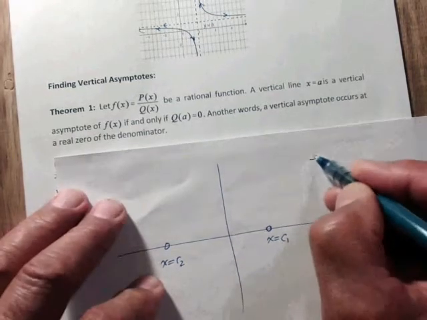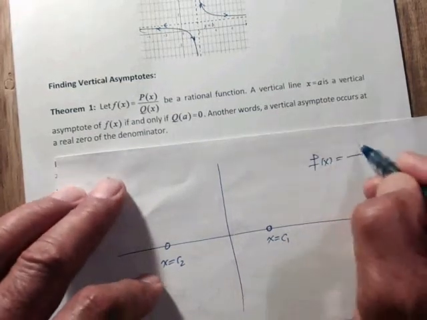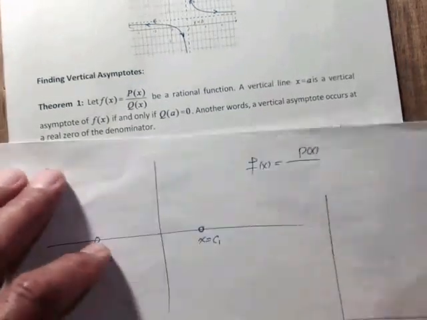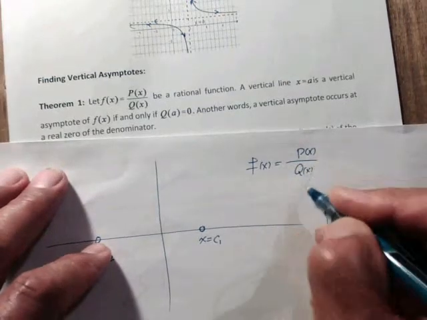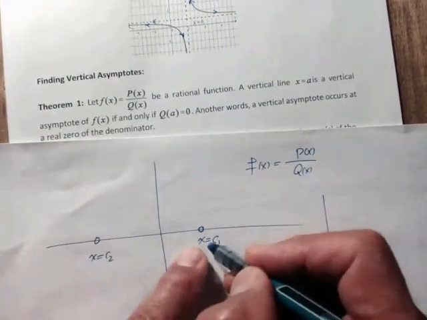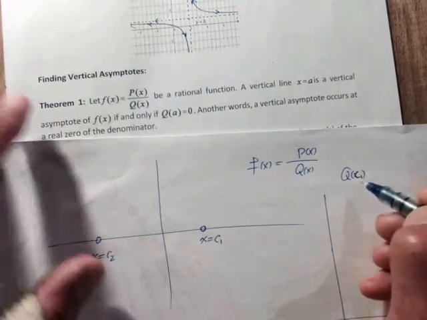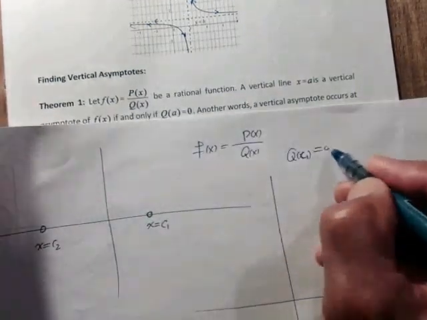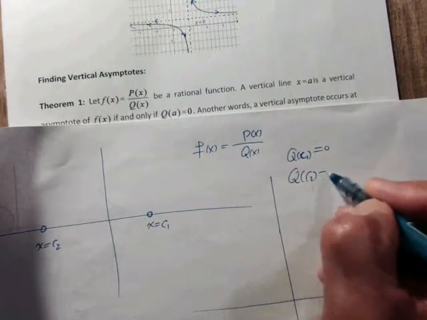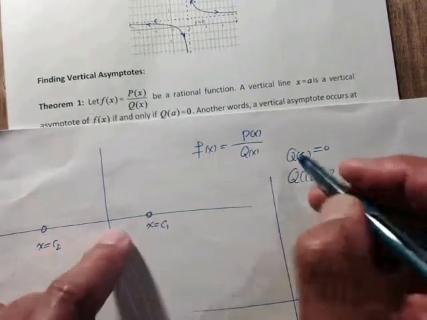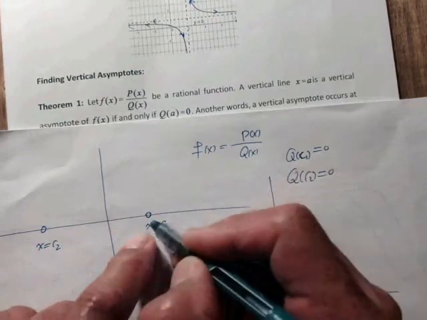So I have f of x equals p of x over q of x, and q of x is 0 at these two points. So q of c1 is 0, q of c2 is also 0. These two numbers make the denominator 0, so these two numbers are not in the domain.